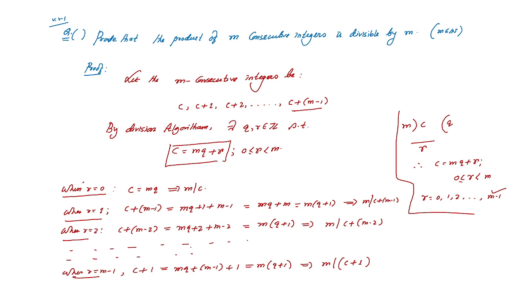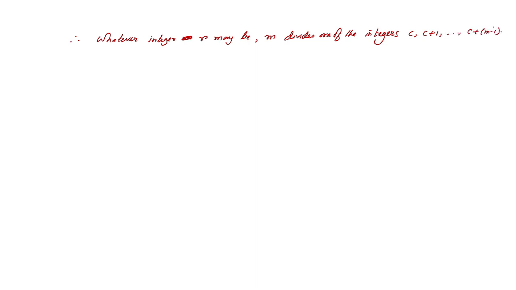So therefore, whatever the integer r may be, it may be 0, 1, 2, or m minus 1, m divides one of the integers, either c or c plus 1 or c plus m minus 1.